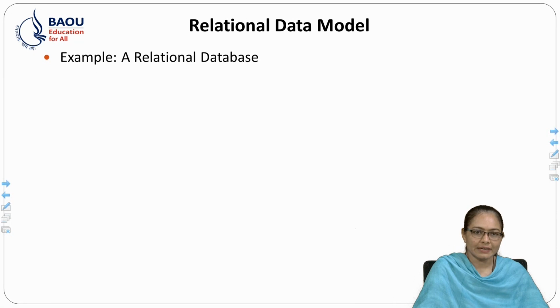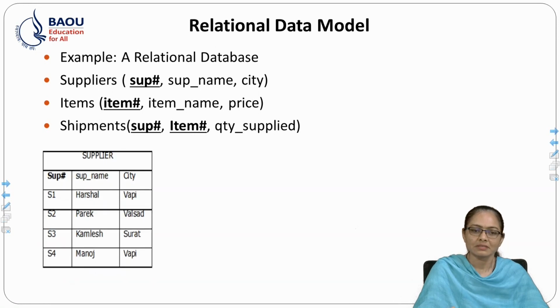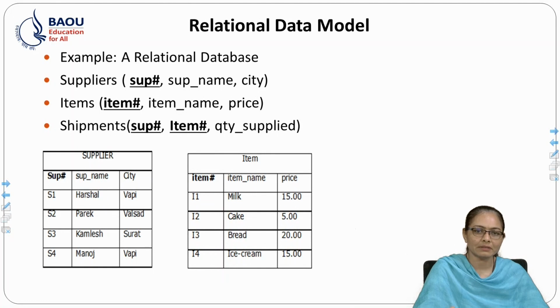Now the next is, in the relational data model, here we give one example. There are three tables: supplier, item and shipment. Supplier table has some attributes like supplier number, supplier name and city. And item table has some attributes: item number, item name and price.